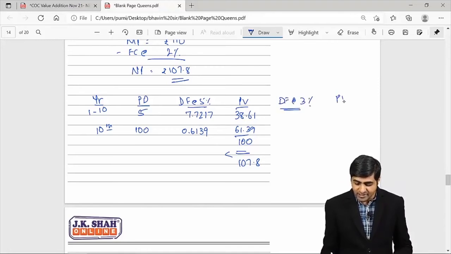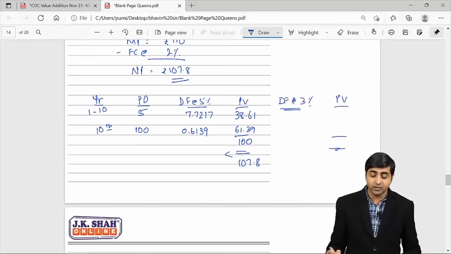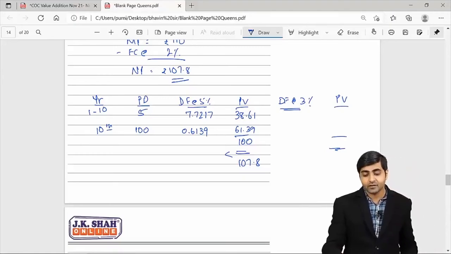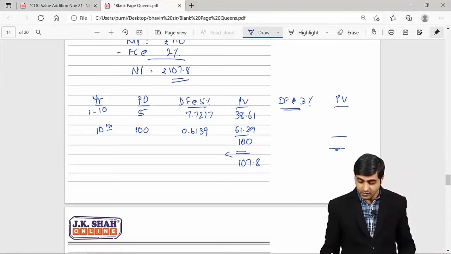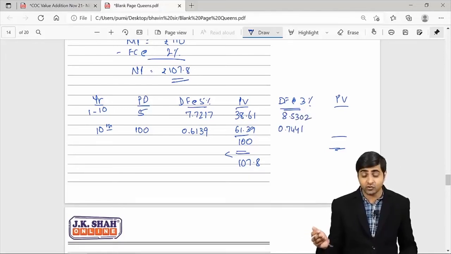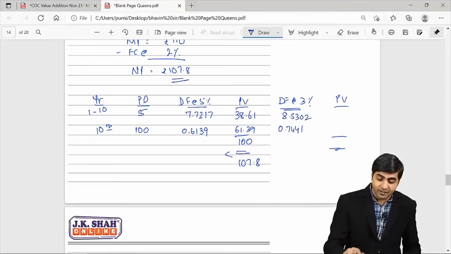At 3%, let us check what is going to be your present value. So 1 divided by 1.03 is 0.7441, and the annuity factor will be 8.5302. This 8.5302 I have to multiply by 5. So 5 into 8.5302.